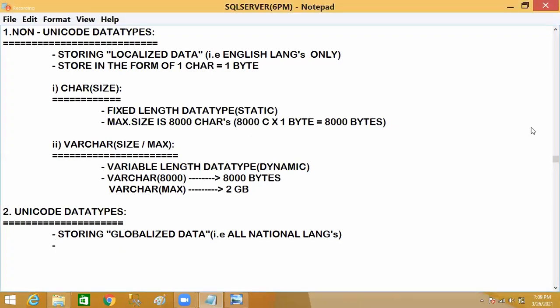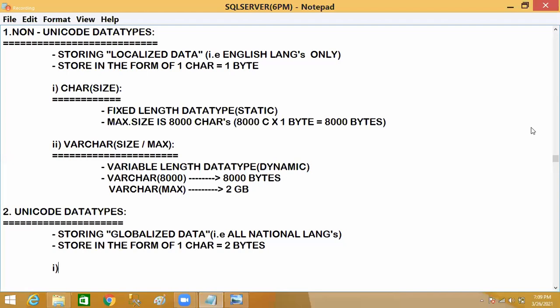And the next one is what? It will be storing the characters in the form of, what is the difference here? Every one character occupies 2 bytes of memory. That is the way it stores. And here again there are 2 types.